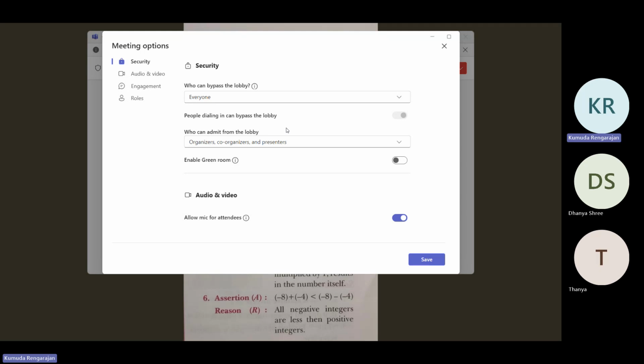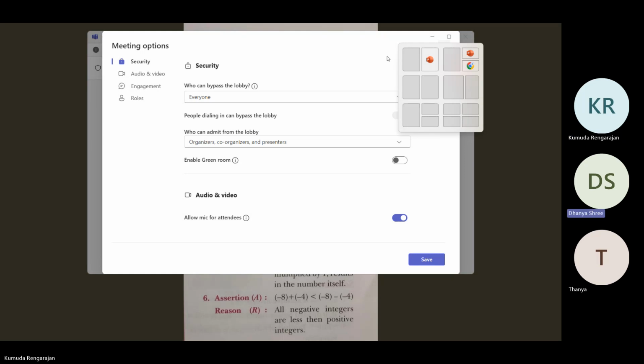I don't have to let anybody in. Now, supposing you share this link with your friend. Your friend taps on the link, he or she will be in the meeting. I don't have to permit or allow the child into the meeting because I've kept my lobby open. Everyone can just come to the meeting like that.